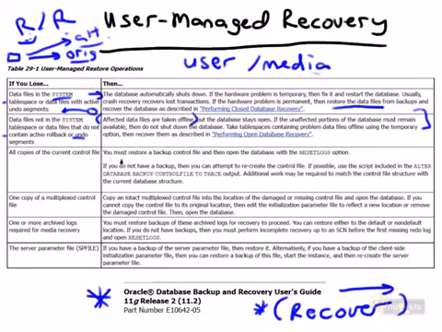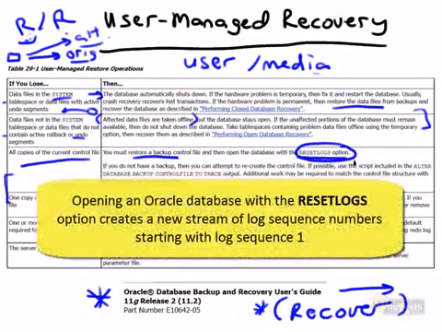Now you might be thinking, well, what about the control file? That's covered in the next two scenarios. The two scenarios are you've lost one copy of a multiplexed control file or you've lost everything. Well, I hope that this would never happen to you, but it's a possibility. If you lose all your control files, we have no other choice but to restore a backup and then open the database with the reset logs option. And reset logs, remember we dealt with database incarnations in an earlier nugget when we talked about virtual private catalogs.